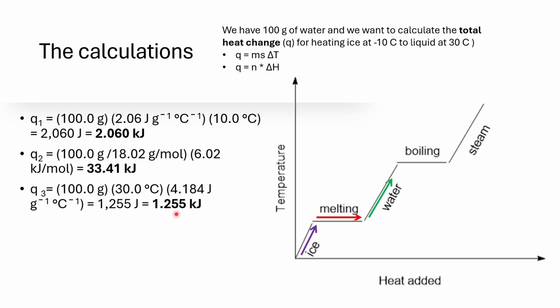Notice in the first and third calculations, the reason we get joules initially is the units of specific heat are joules. Now, in order to get the total heat, we simply add these three numbers together, and we get 36.7 kilojoules, three significant figures, as is appropriate to the problem.